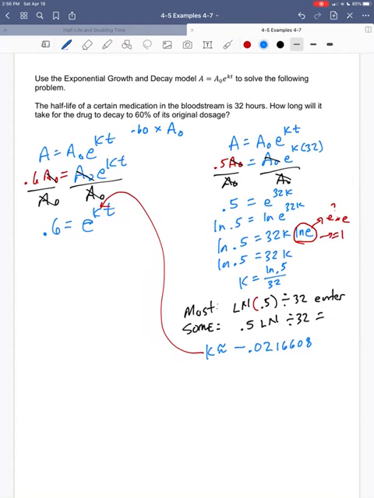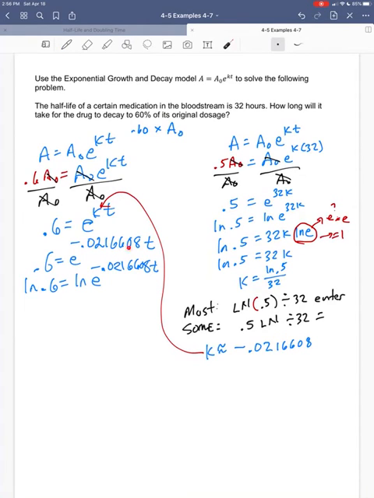Okay, so what I'm going to do with that now, that value is going to come up to my original model. k equals negative 0.0216608. I'm going to take the natural log of both sides, because now I can bring that exponent down in front.